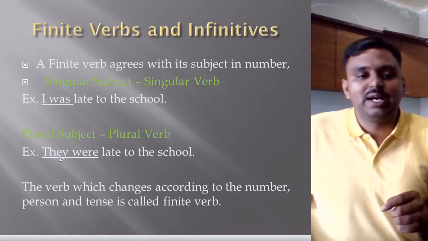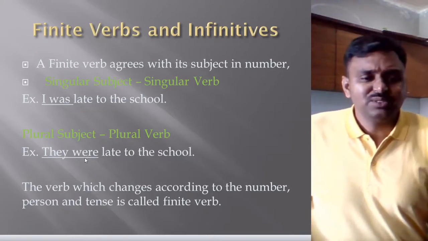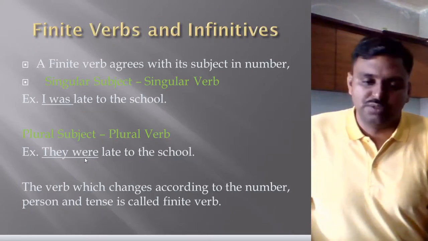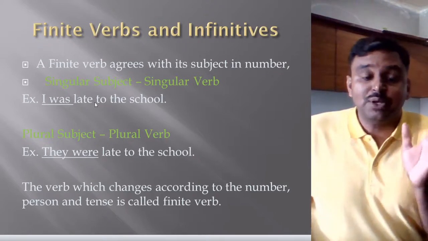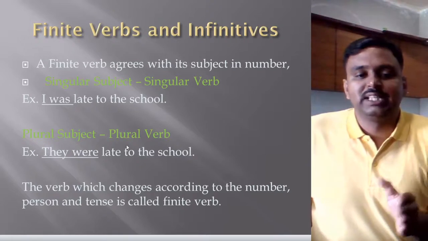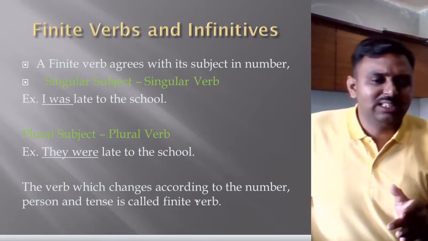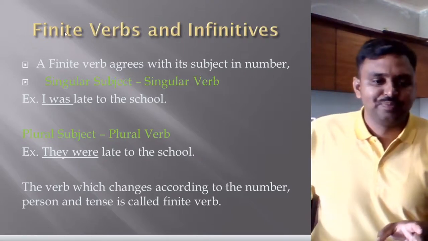So here you will find the plural subject is agreeing with the plural verb. So the common rule we observe is that a singular subject takes a singular verb, and a plural subject takes a plural verb. If you look at the next point, what exactly is the finite verb?